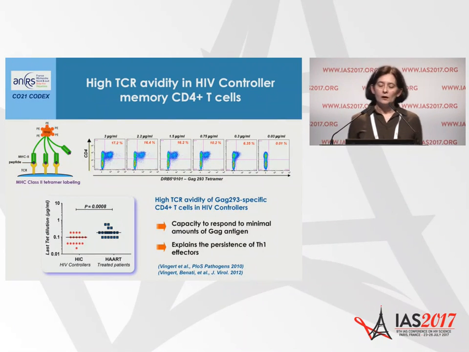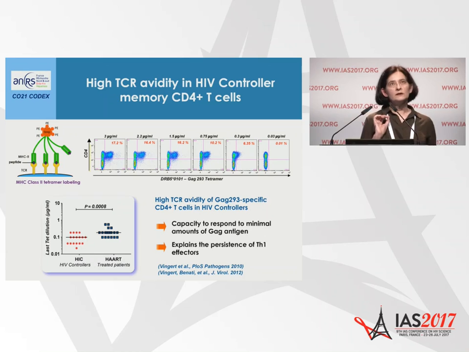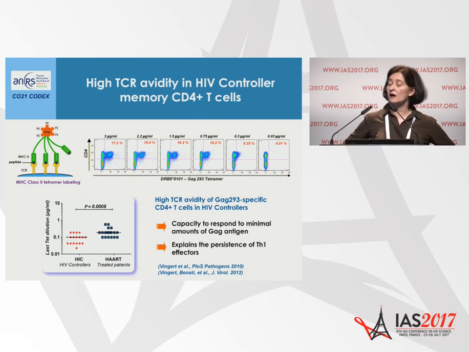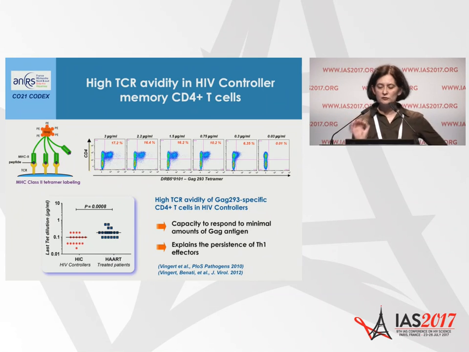So we think that a key reason for the particular properties of HIV controller-specific CD4 T-cells is that they have high TCR avidity. So to do this study, we analyzed the responses to the most immunodominant CD4 epitope that we call GAG293.